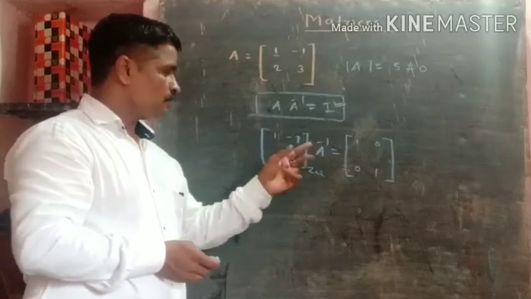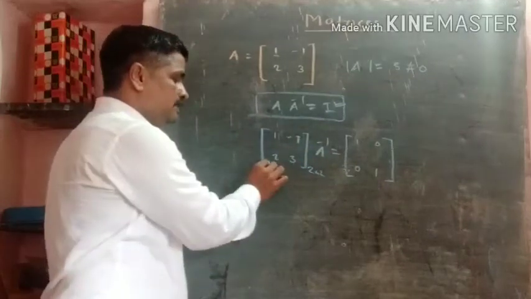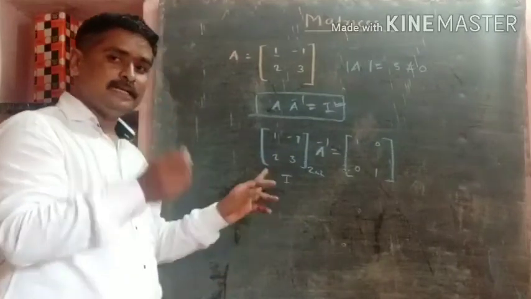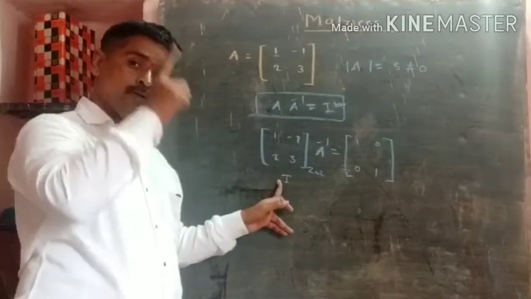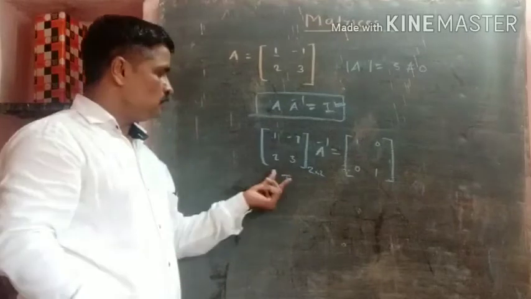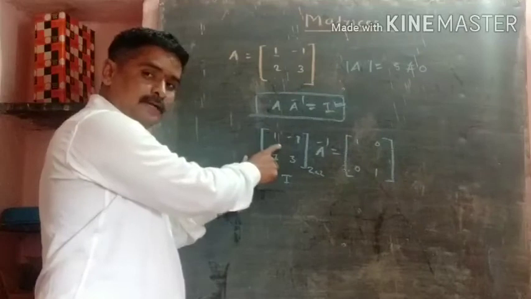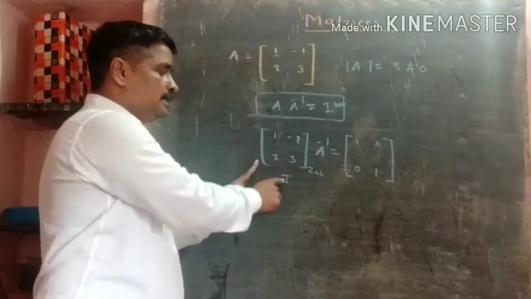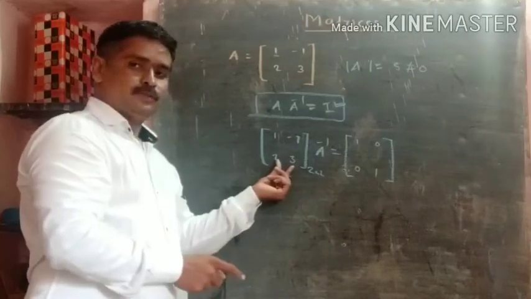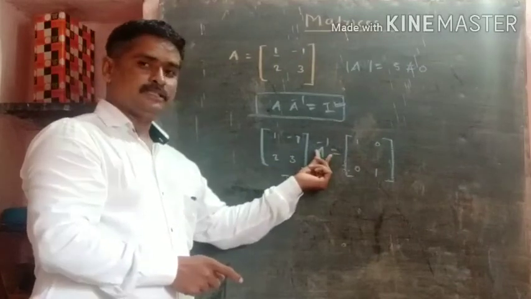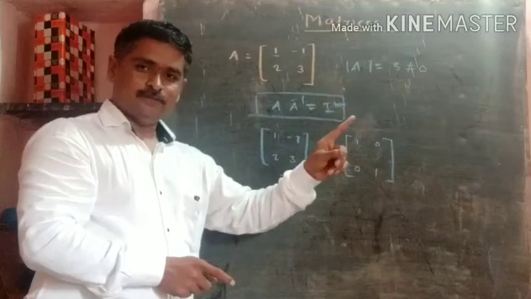Similar to this, if we convert the given matrix into an identity matrix, which is equal to 1 in the number system, then I into A inverse equals A inverse.